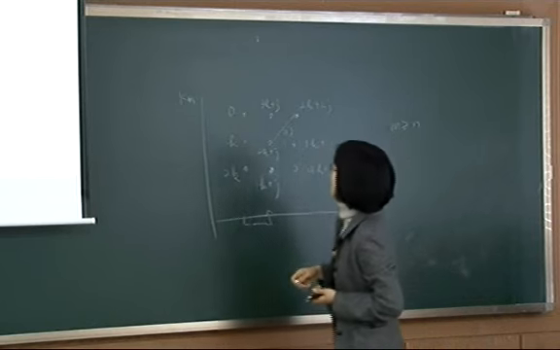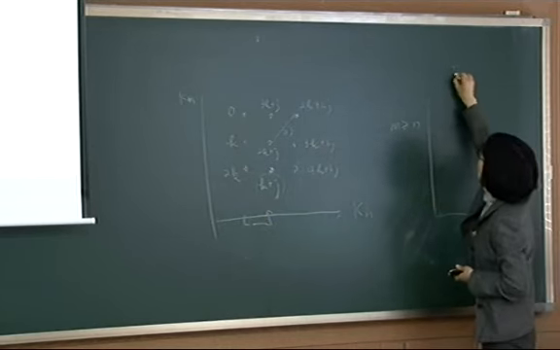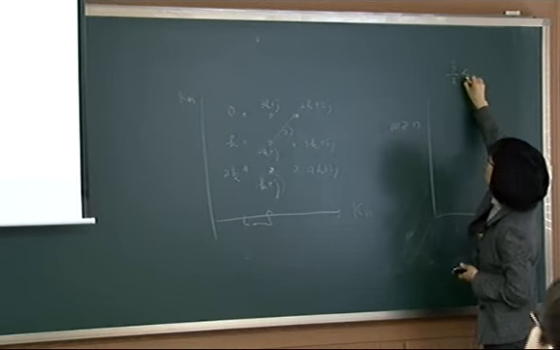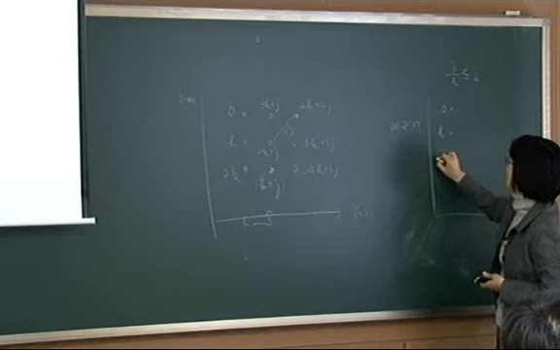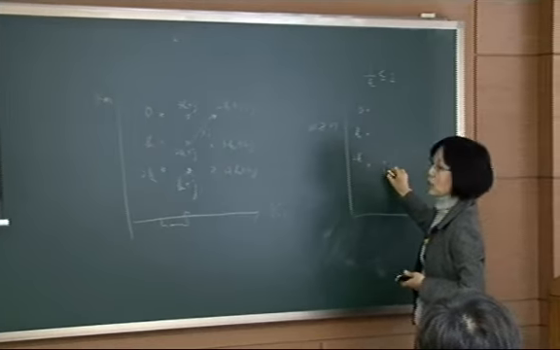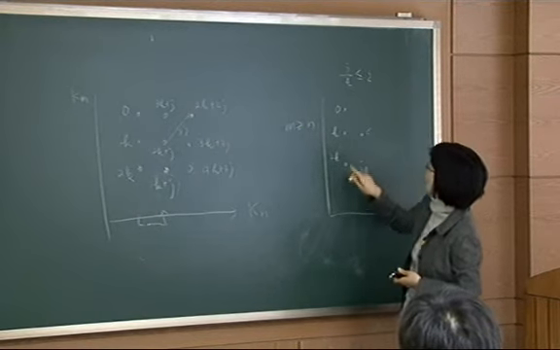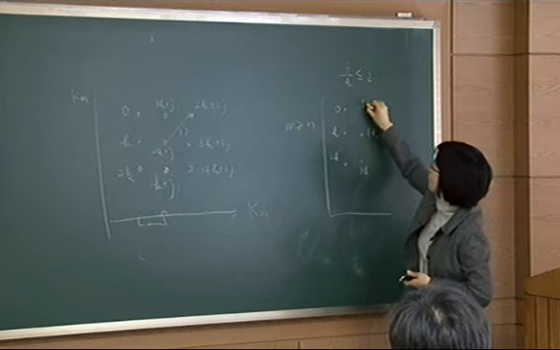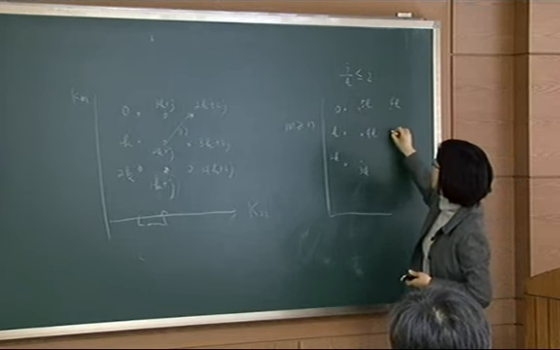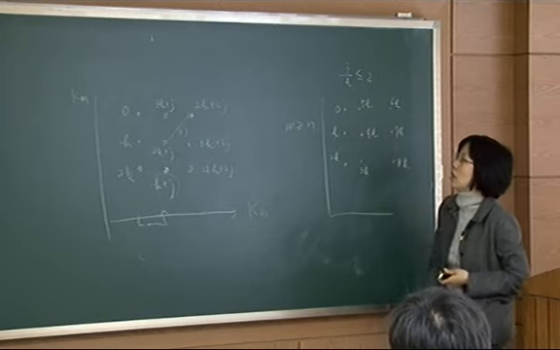And before that, if j over k is at most 2, you could have 0, 2k, and 3k here, because they must be different, and 4k, 5k, 6k, that way.